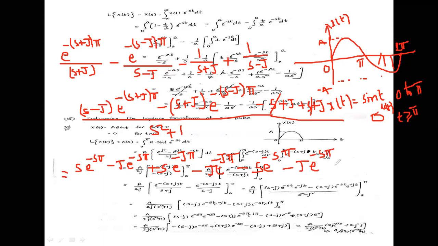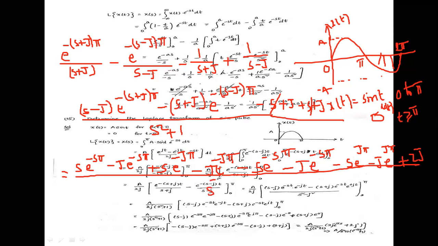and the next terms minus s e power plus j into pi, minus j e power plus j into pi, and we have the s and s get cancelled, the 2j is the numerator, and the denominator you can see s square plus 1. Now observe here s into e power minus s into pi.